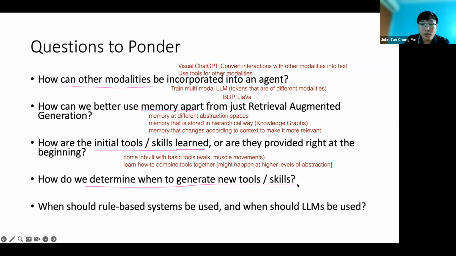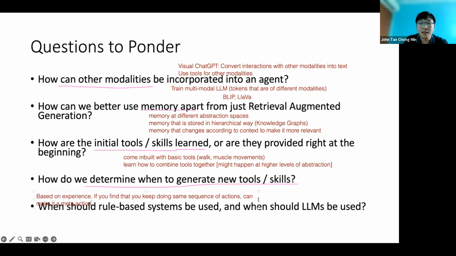How do we determine when to generate these new tools and skills? I think this is based on the query, the context, or your experience. If you find that you keep doing the same sequence of actions, you can make it a meta action.